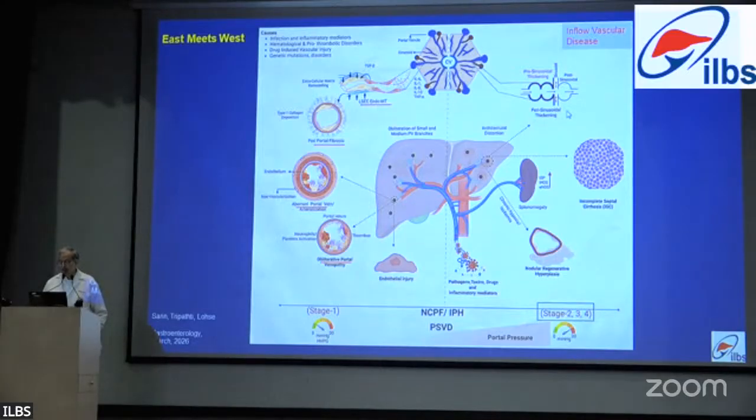Long ago in 1987, we described 2 gradients. One gradient is here, which is a pre-sinusoidal gradient, and one gradient is here between this and this area. Pre-sinusoidal to sinusoidal. This was called a perisinusoidal gradient. And these 2 gradients qualify based on the histology. I hope I made it clear.